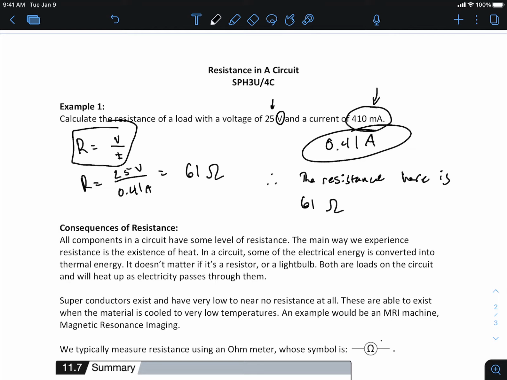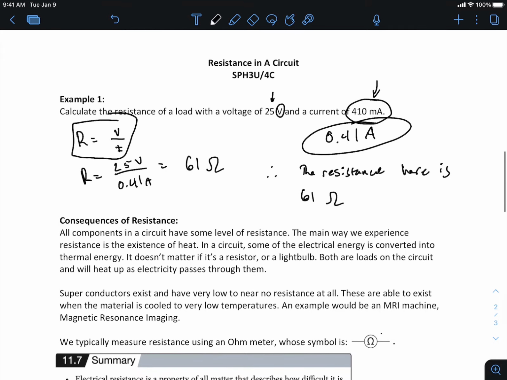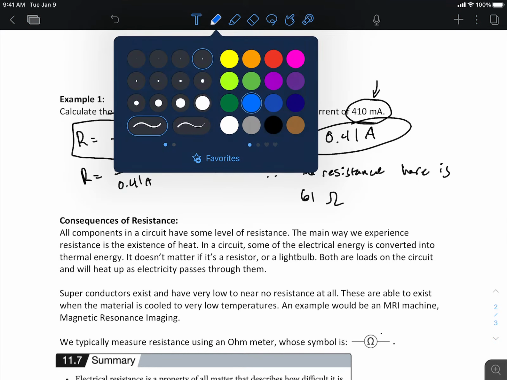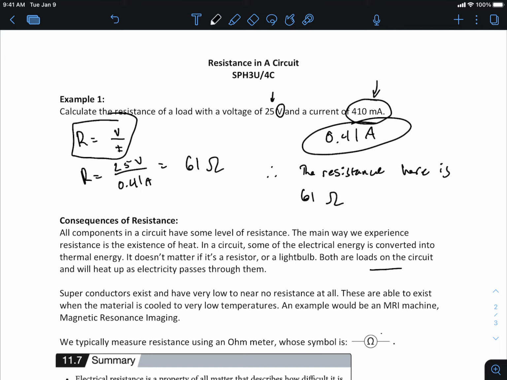Okay, superconductors exist and have very low to near no resistance at all, right? And these are able to exist when the material is cooled to very low temperatures, and that's what I was saying before. So in these instances where we've supercooled a wire, we've almost frozen the atoms in place, right? They're not moving around as much.